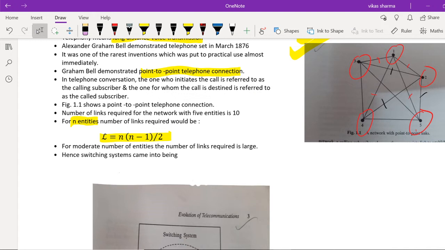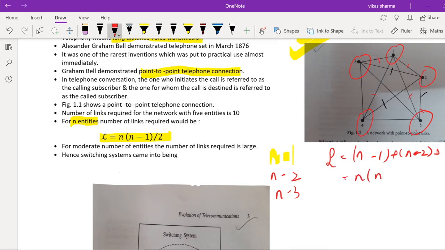The first would require n minus 1 links, the second would require n minus 2, the third n minus 3, and so on. That means the total number of links required would be equal to n minus 1 plus n minus 2, and so on till 1 and 0. Taking the formula of arithmetic progression, this comes as n into n minus 1 by 2.